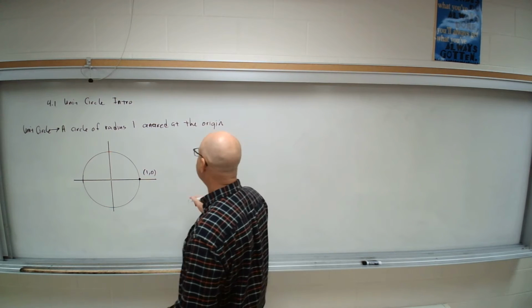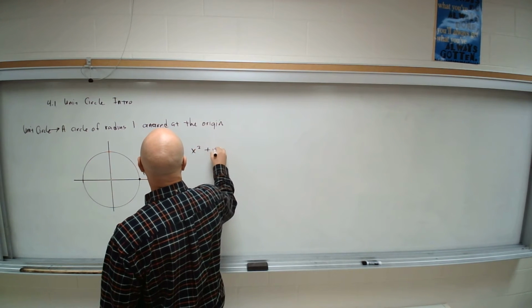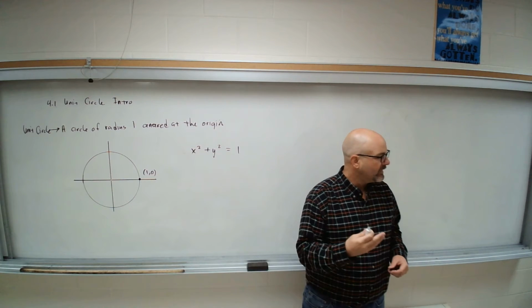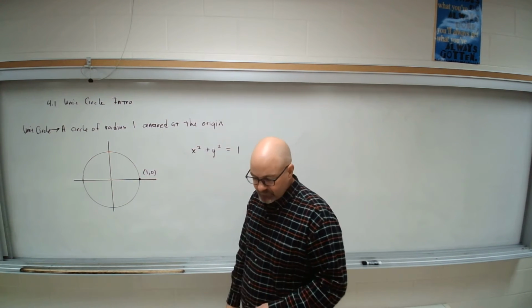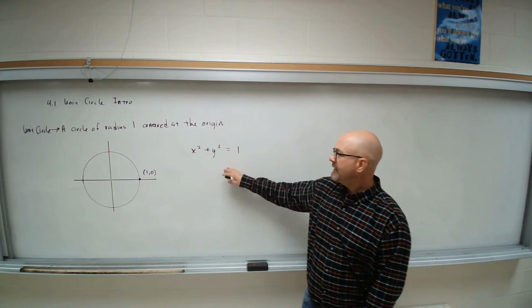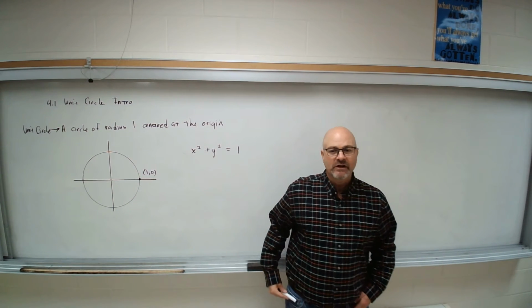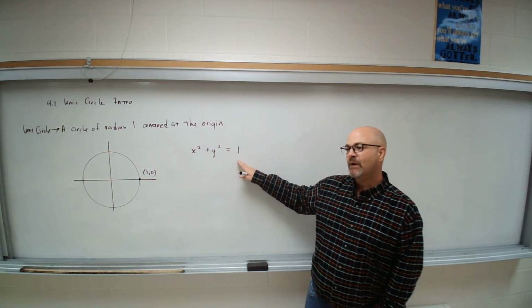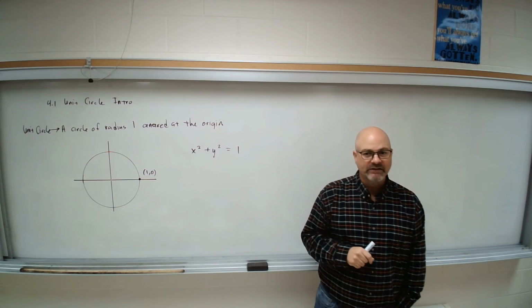Its equation is x squared plus y squared equals 1. I don't know if you remember the formula for a circle back in geometry, but that's it: x squared plus y squared equals 1. Or maybe you remember x squared plus y squared equals radius squared for a circle centered at the origin.